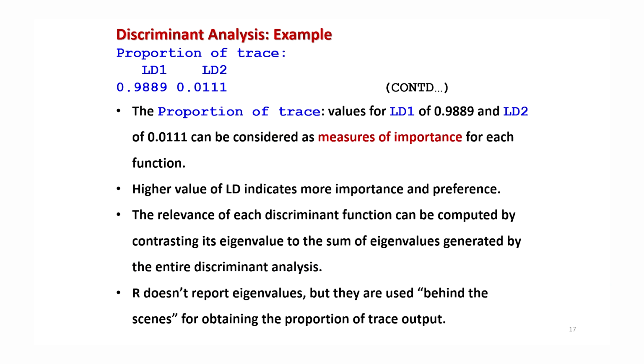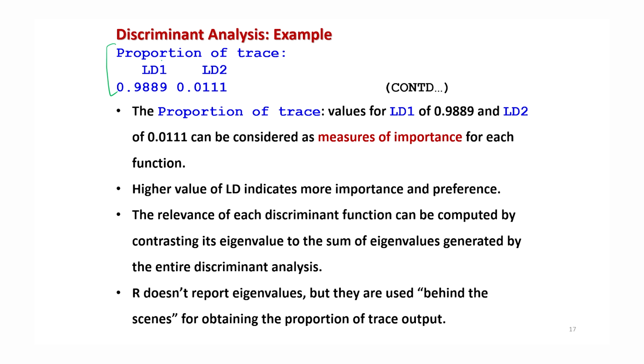The next question is, how are you going to understand which of the linear discriminant functions is more capable or more efficient? This is obtained by this part of the analysis, which is the proportion of trace.